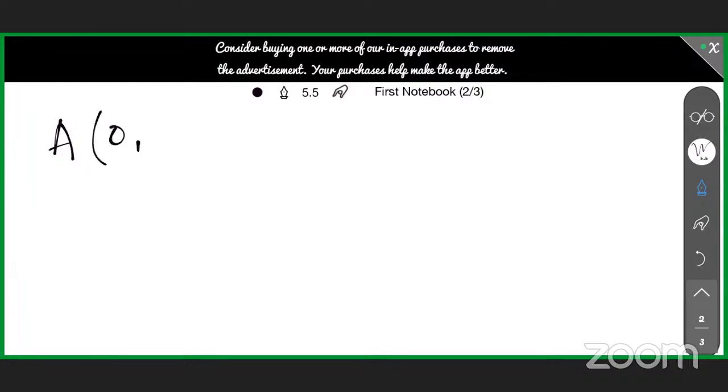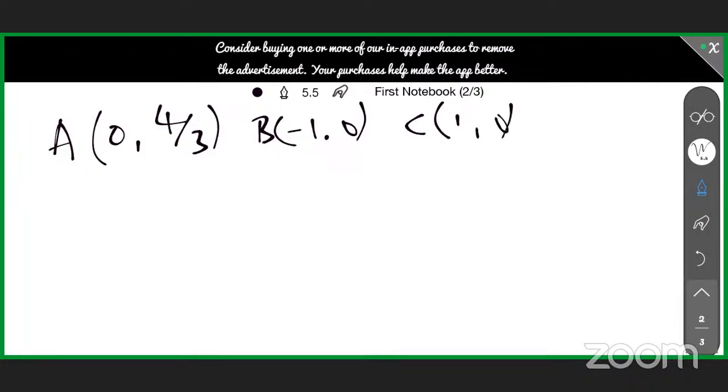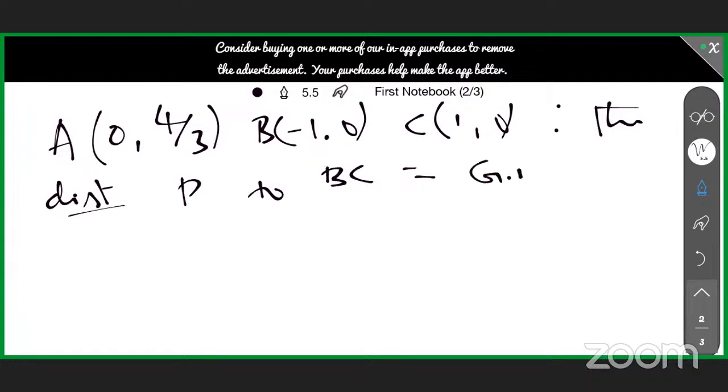Okay, the points (0, 4/3), (1, 0) and (-1, 0) are the points such that the distance from the point P to the line BC is equal to the geometric mean of the distances from P to AB and AC.